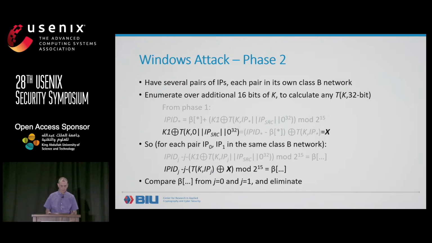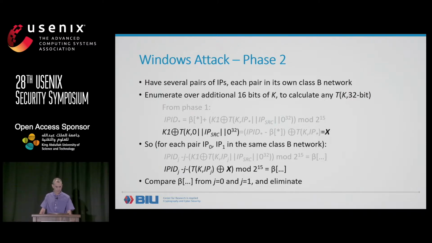With that we move to the second phase, where we take additional pairs of IP addresses in additional class Bs. And again, we use some quantity X that we can calculate from phase 1 and arrive at 2 equations, one for j equals 0, the first packet, and one for j equals 1, the second packet of a pair.